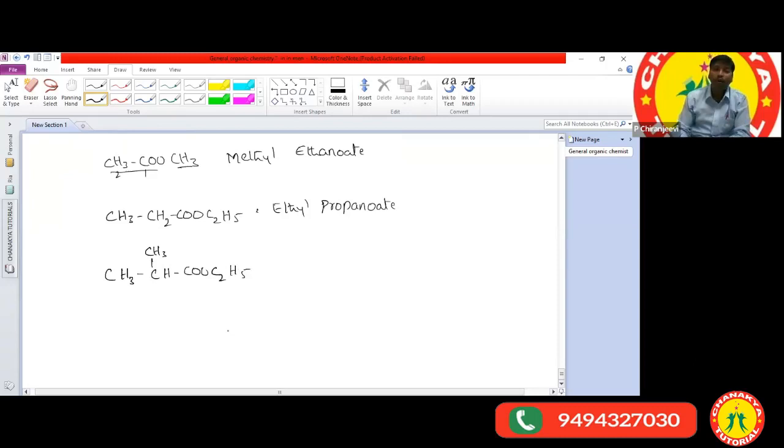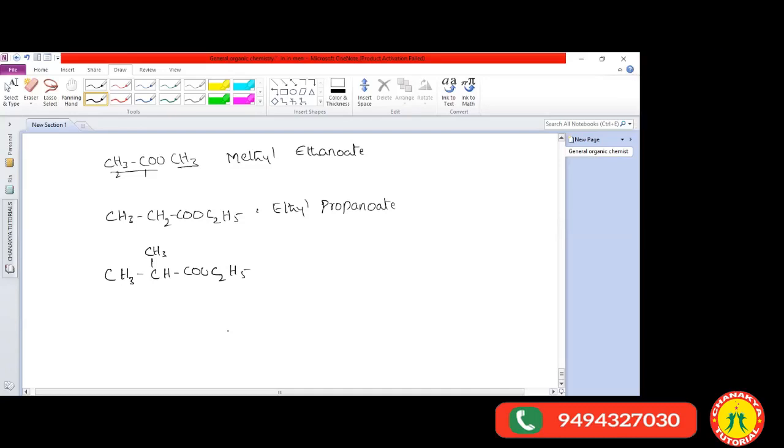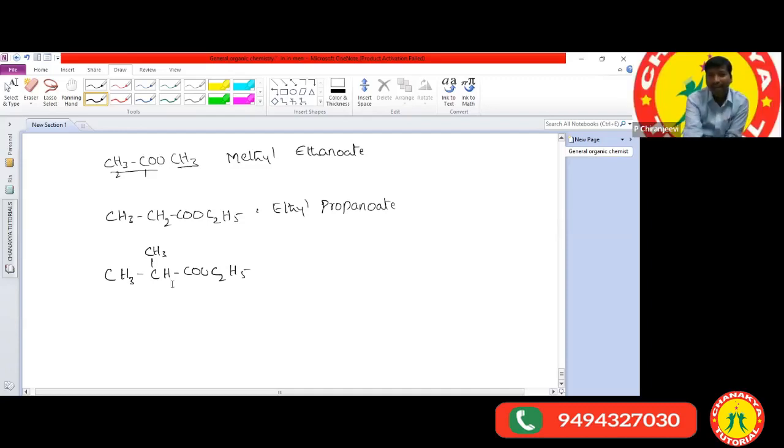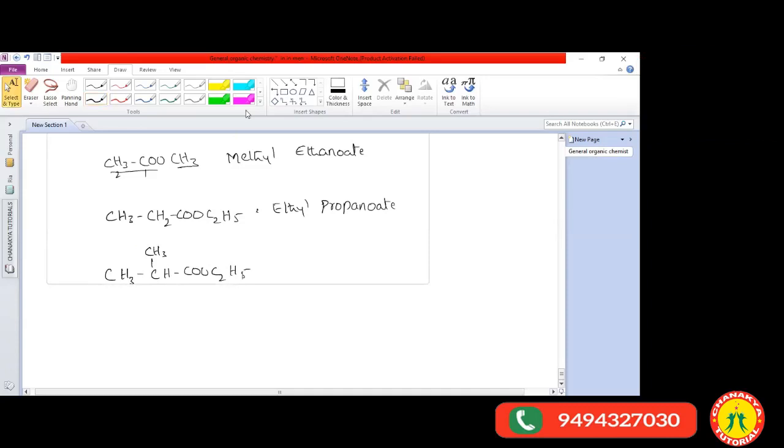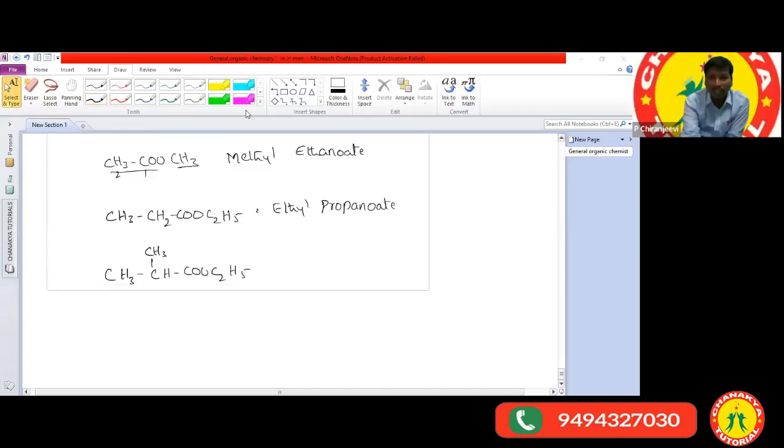How can we write the IUPAC nomenclature of this? 1,1-dimethyl? No. What is the functional group here?